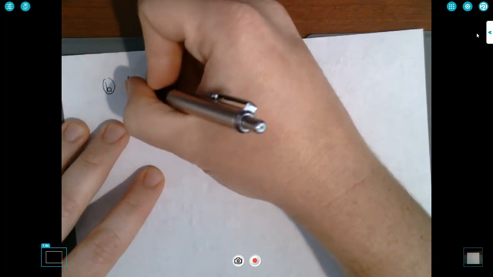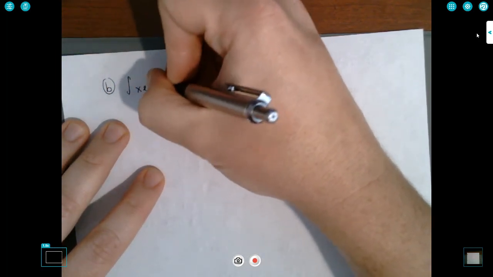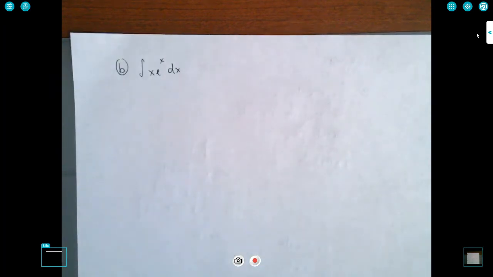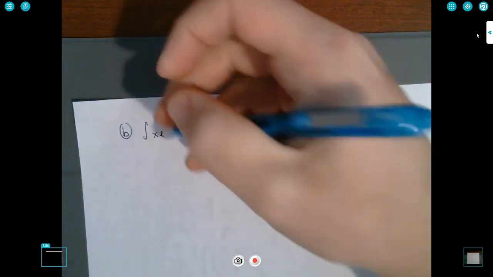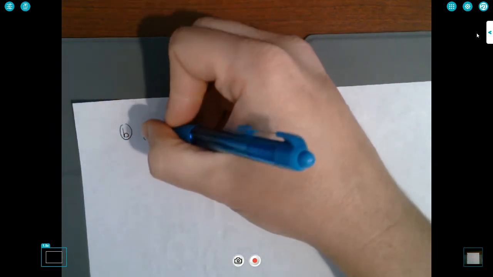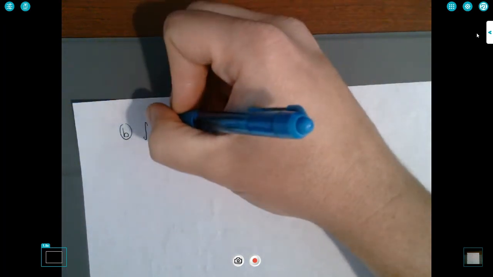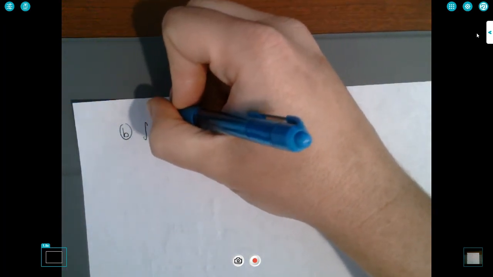So let's integrate x e to the x dx. Okay, so remembering LIATE, here we've got an algebraic function, x, and e to the x is obviously an exponential function.